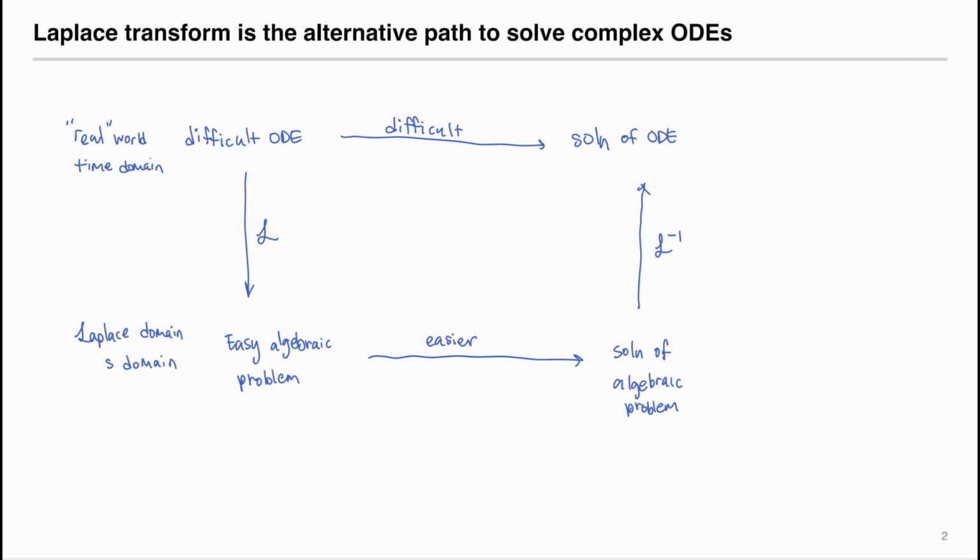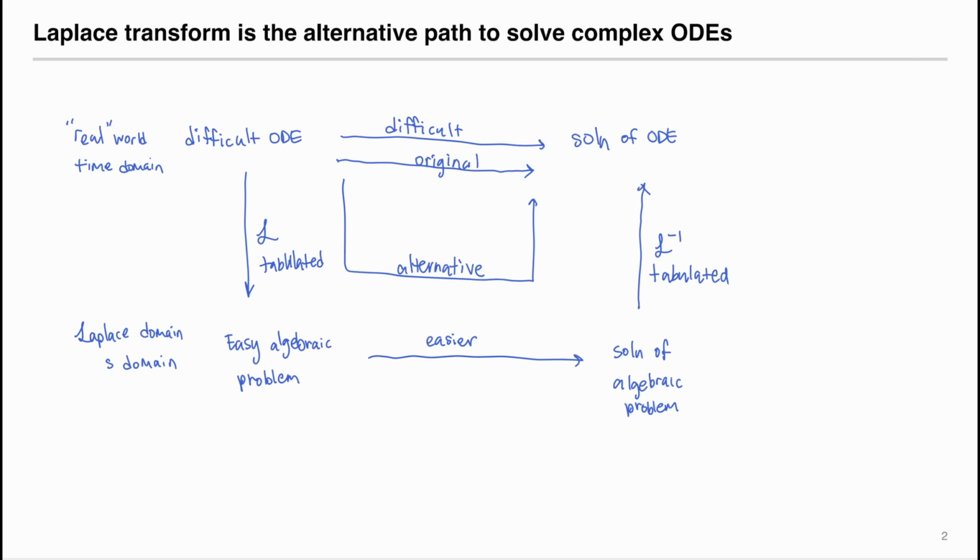So this again is like thermodynamics, where the original path is difficult. So we seek an alternative path that is easier. And the Laplace transform part is tabulated. And the inverse Laplace transform is also tabulated. That part should be easy.